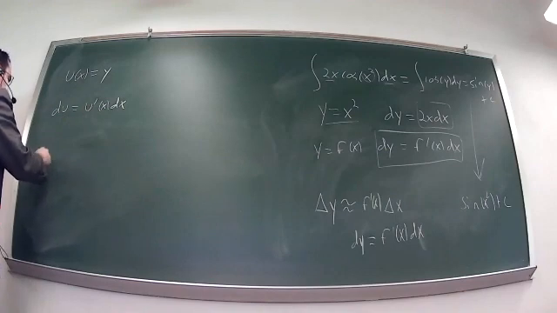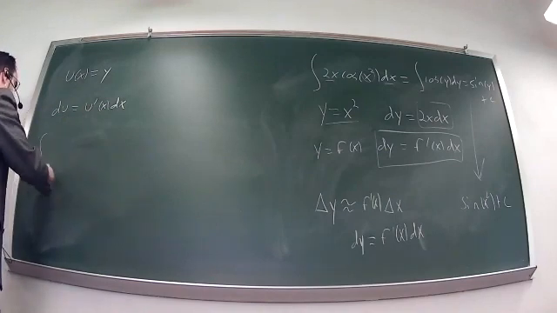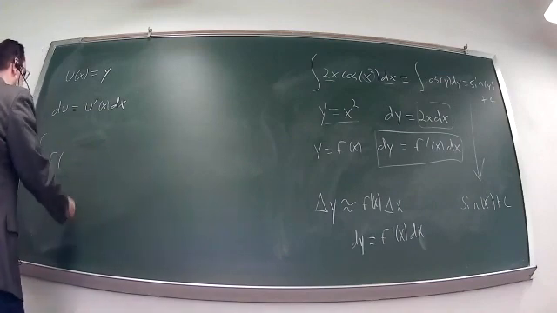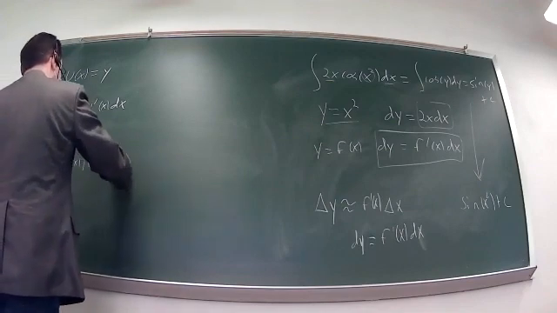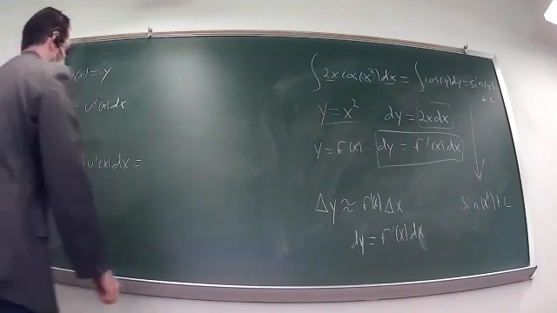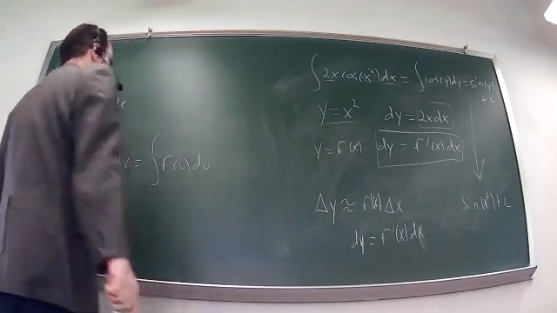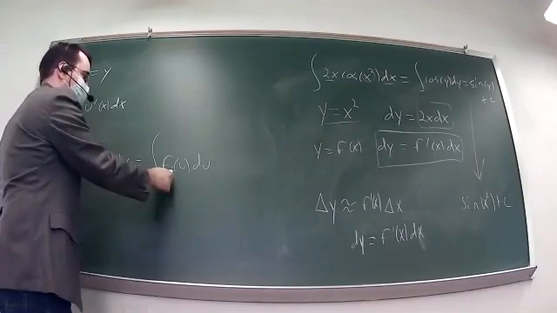And then the substitution rule says that if you want to take the integral of f of u of x times u prime of x dx, then this is actually equal to the integral of f of u du. See, this is why I don't like to use u as much, because then you have to say f of u all the time.